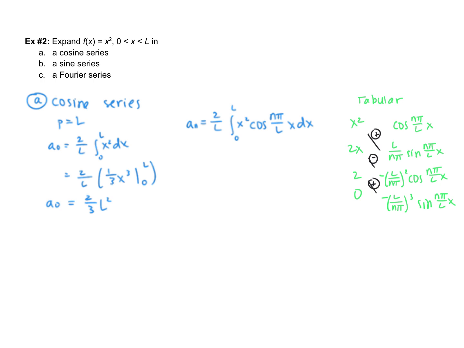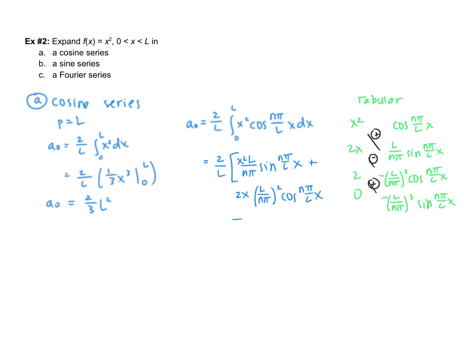So where that gets us to then, this is going to be a pretty long expression, so I didn't give myself a ton of room. But what we're going to end up with is x squared L over n pi sine of n pi over L x, add 2x times L over n pi squared cosine of n pi over L x.